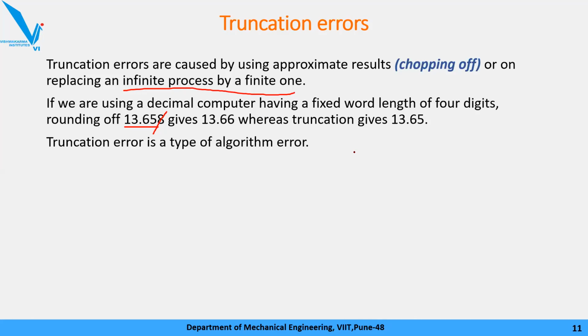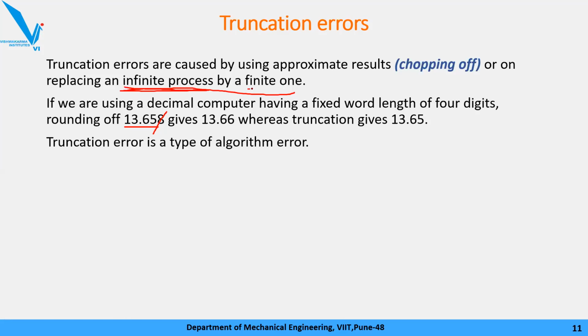But because of our or the computer's limitation, we cannot achieve the true value, we can never get the exact result. So we have to make some kind of sacrifice. Somewhere you will have to stop. If we go for an infinite number of iterations, we might get the exact result, but it is not possible to do infinite iteration.